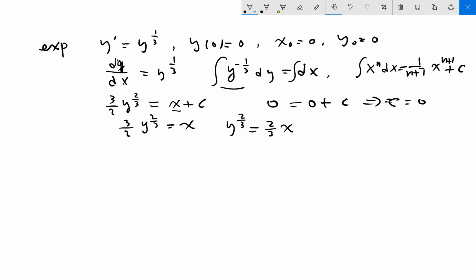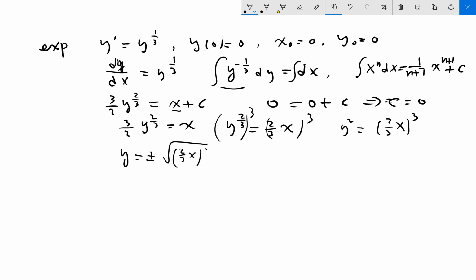Okay. Next, we do this. Then we got y squared equal to (2/3 x) whole thing to the third power. Okay. Now, then we take square roots on both sides. Then we got a positive and negative square root of (2/3 x) whole thing to the third.